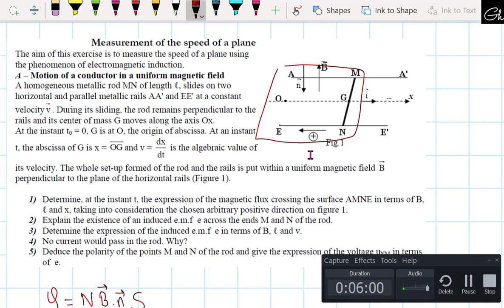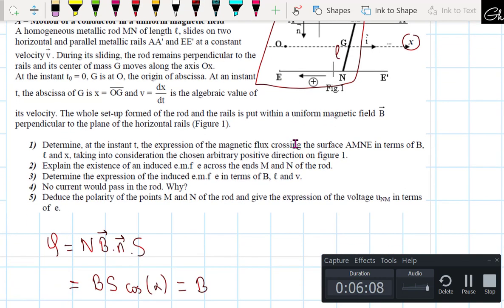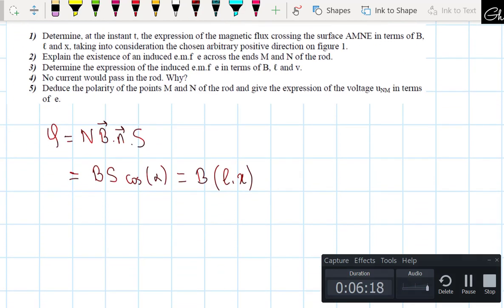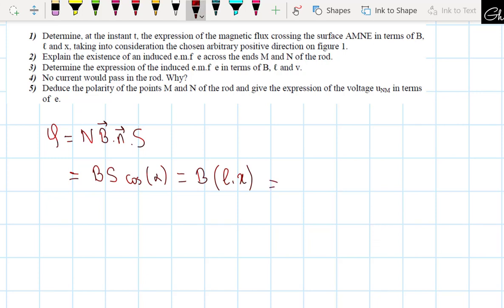So we can take X for one side and L for the other side. Then S will be L times X. The final result will just be BLX.